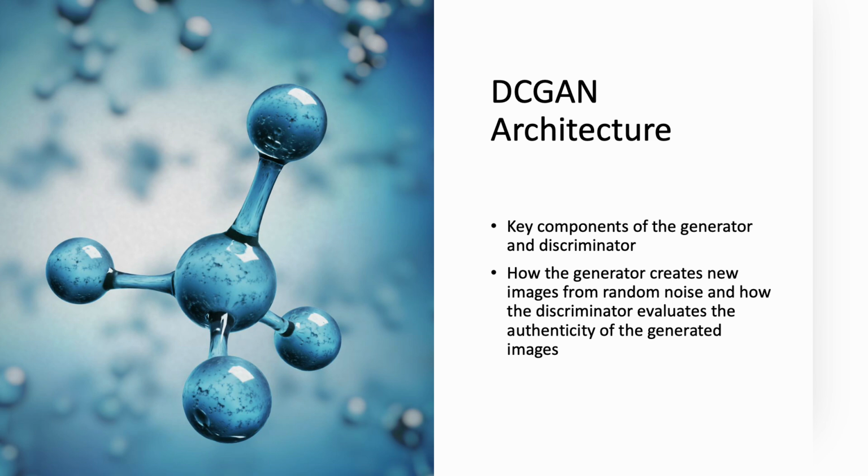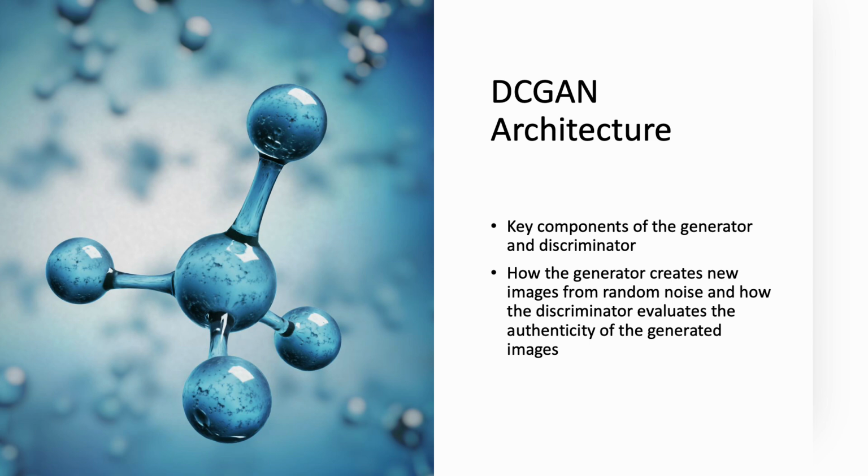So, as discussed earlier, the generator's goal is to create new data, such as images, that are as realistic as possible. It starts with a random noise vector as input, uses a series of hidden layers, usually convolutional transpose layers, to transform this noise into an image, and then outputs this fake image.